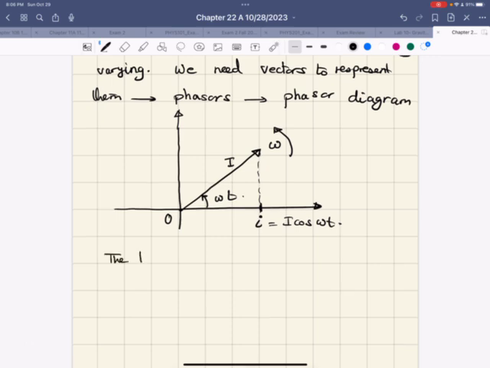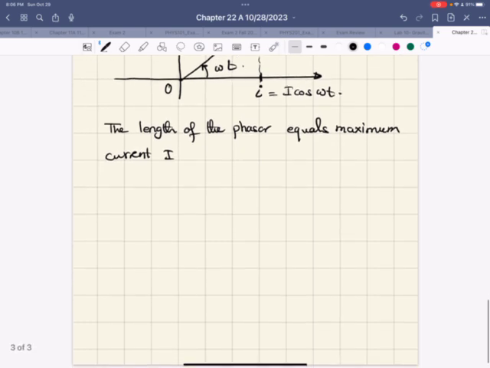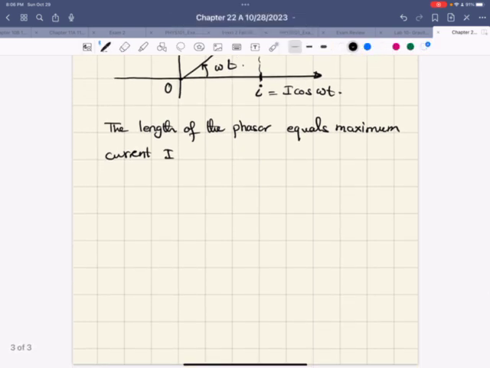The length of the phasor equals the maximum current I0, and it rotates with frequency f.